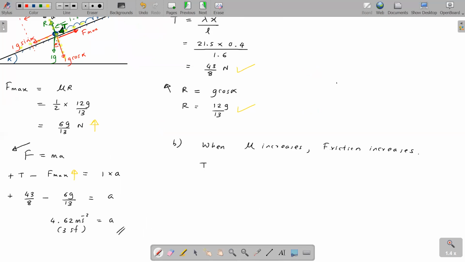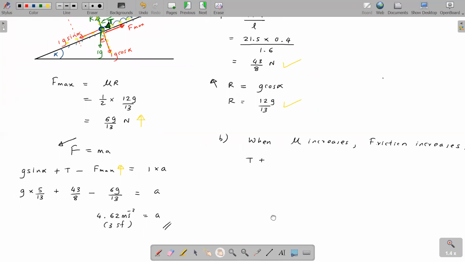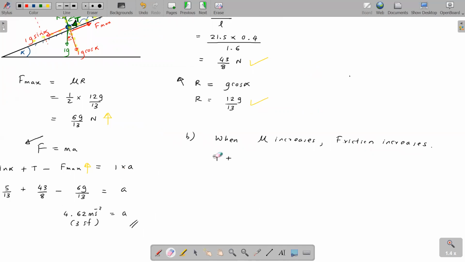So g sine alpha plus T minus F max equals ma. What happens to this? This will decrease, right? Do you get what I'm saying? So when the F max increases, the overall value here will decrease. So the resultant force down the plane will decrease.